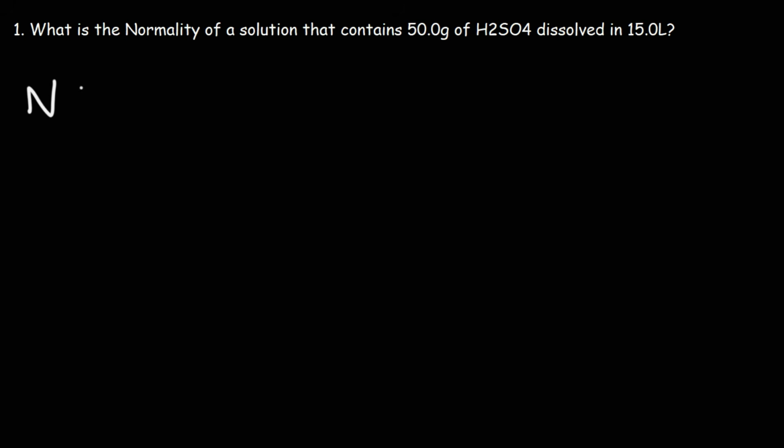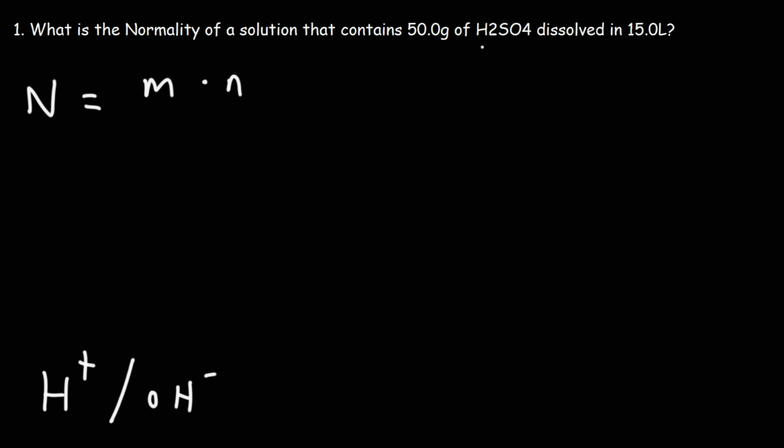So here it is. The normality is equal to the mass of the solute in grams times N. N is basically the number of H+ ions for acids or hydroxide ions for bases per formula unit.